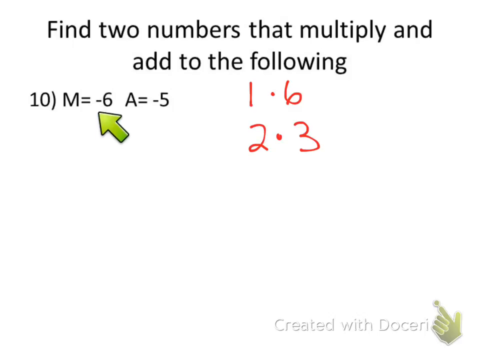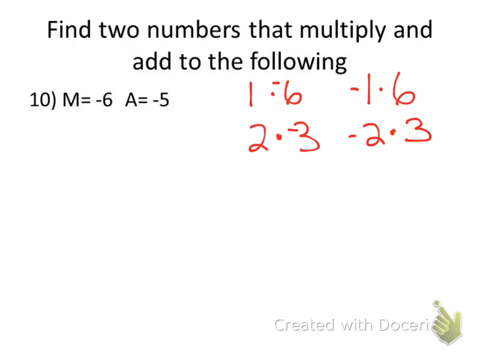What are the ways to make a -6? 1 and -6, 2 and -3, -1 and +6, -2 and +3. Any other ways to make a -6 through multiplication? I don't believe so.